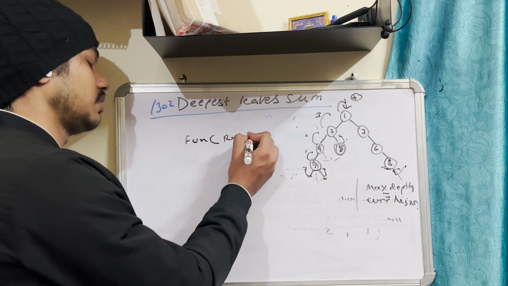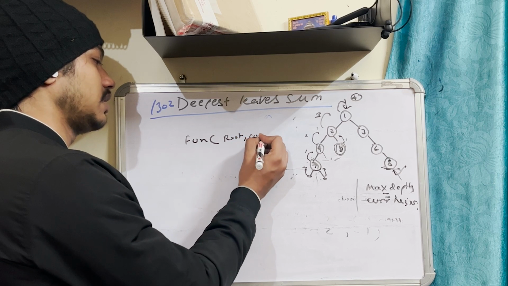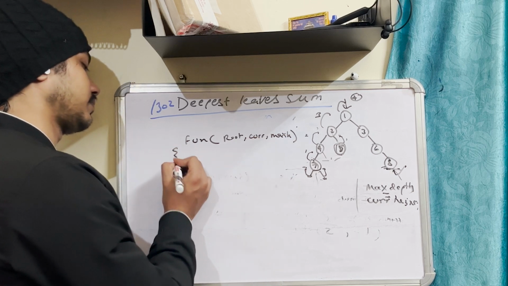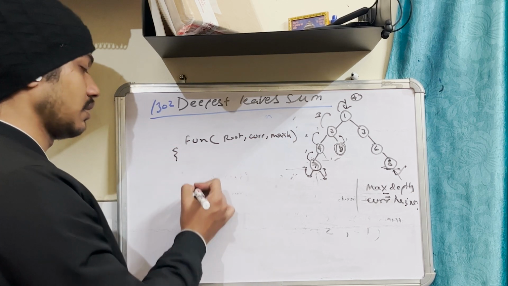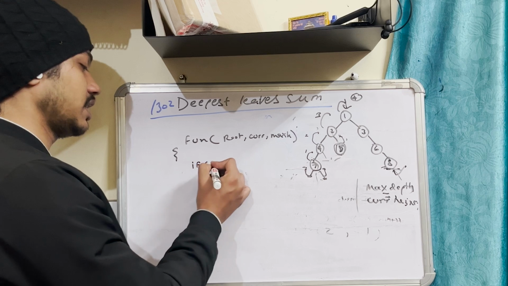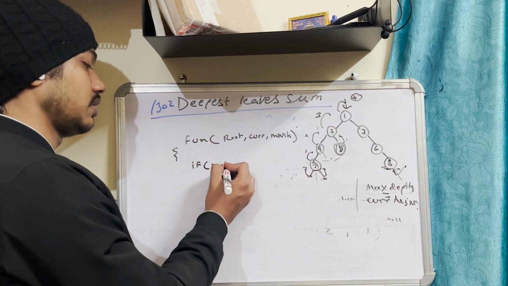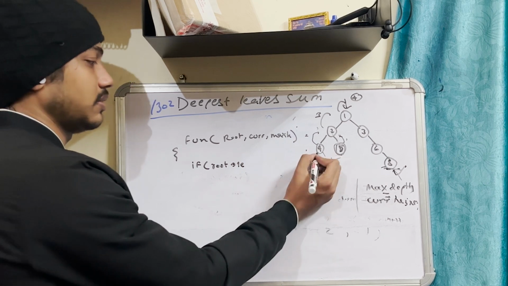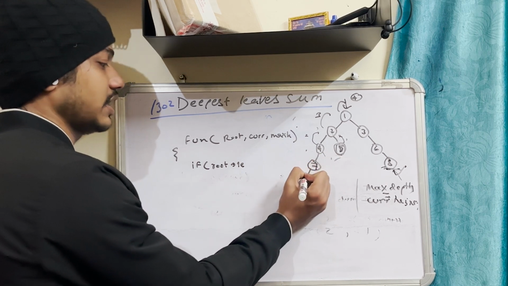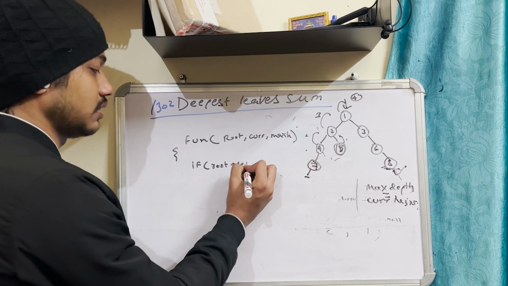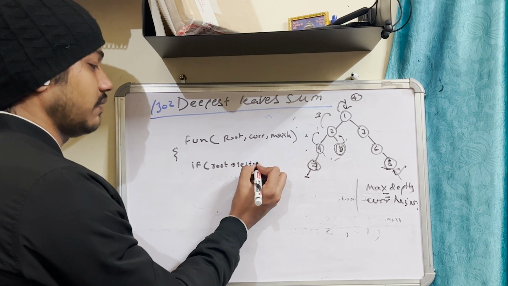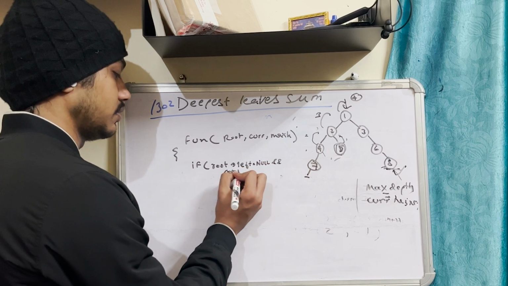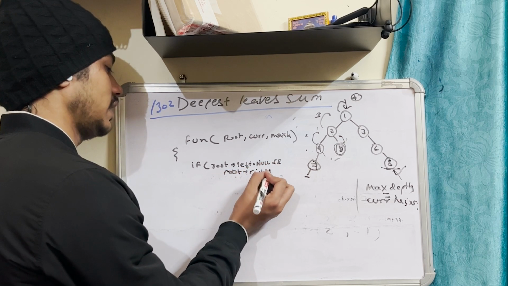We'll pass the root, the current height and the max height, maxH. Basically we'll check if root arrow left is equal to null and root arrow right is equal to null.